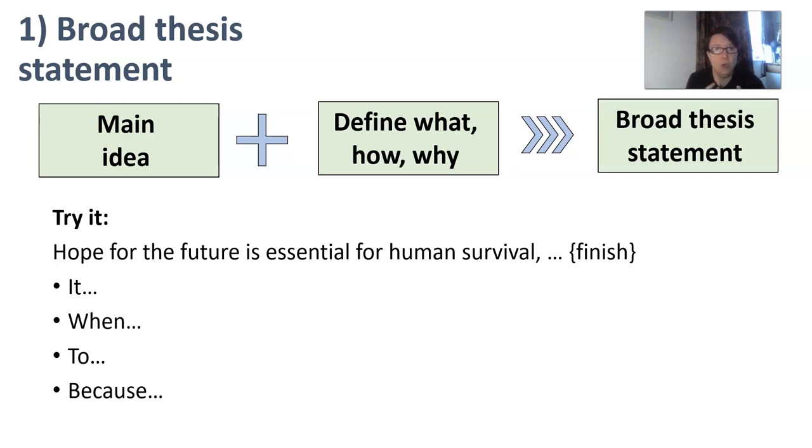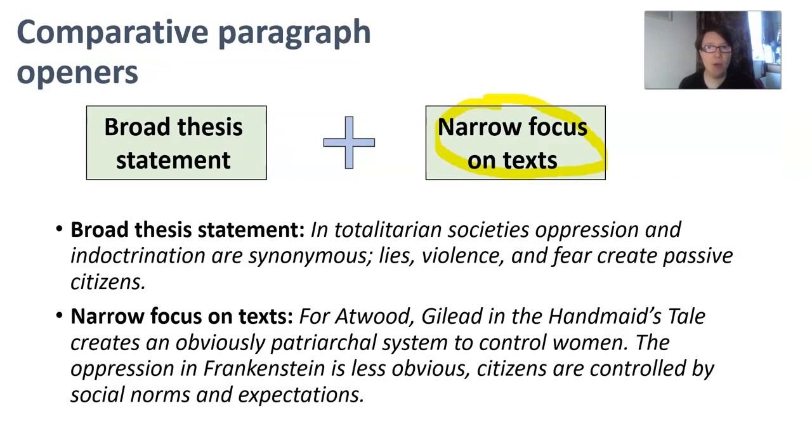To or because? Pause the video. Practice writing this broad thesis statement. You can go back and listen to me talk about it again before you carry on and look at how we narrow the focus then to the texts. Okay, so practice writing your broad thesis statement.